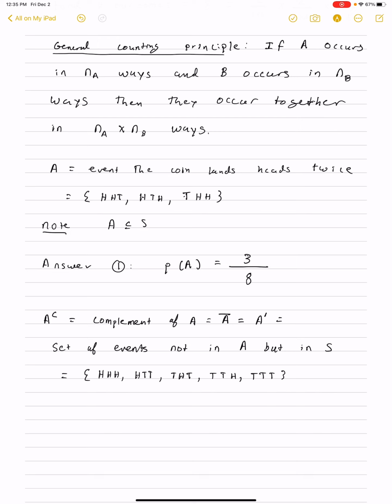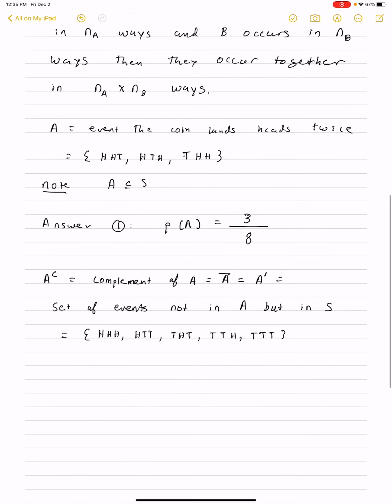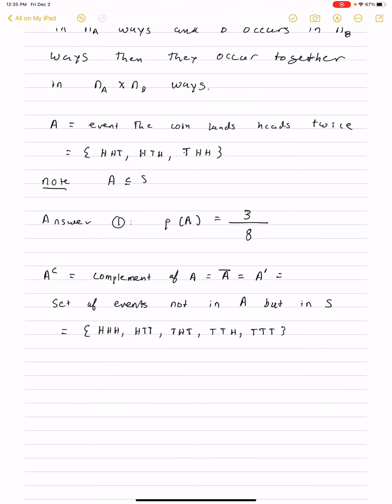Now, we should notice that A and A complement share no events in common. So A intersect A complement is the empty set, no members in common.